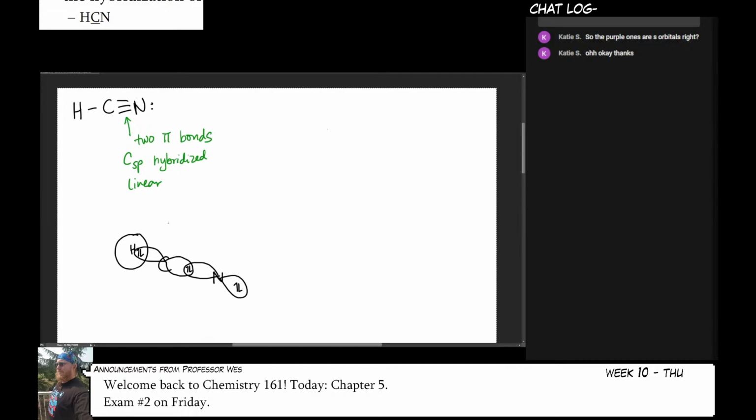And now I need to have my p orbitals. One pair is going to go up like this, and also down. And I have a pair of electrons in that.